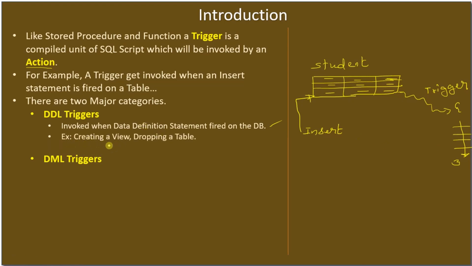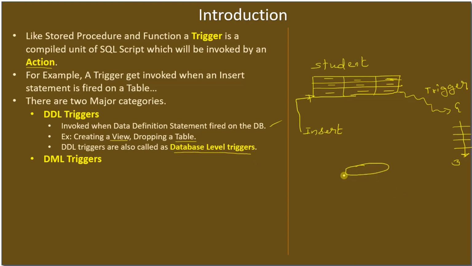So here we gave some examples for DDL. When creating a view or dropping a table, you can hook a specific procedure and that procedure will run. DDL triggers are also called database level triggers. Why? Because the DDL action takes place at the database level.